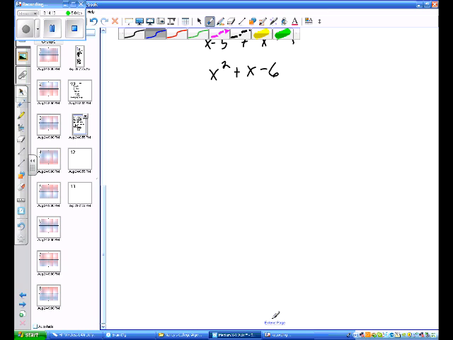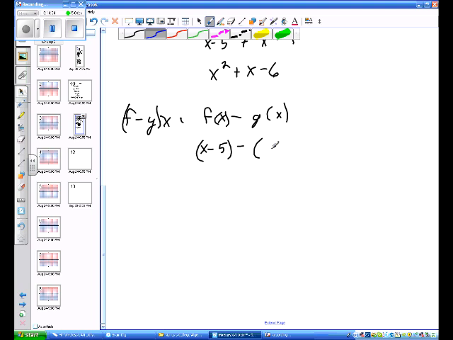If we took those same two functions and we wanted f minus g of x, then that means we wanted f of x minus g of x. Well, f of x was x minus 5, and g of x was x squared minus 1.